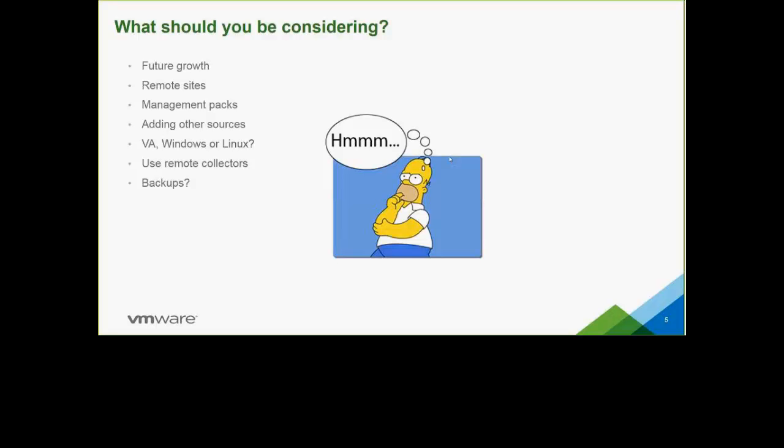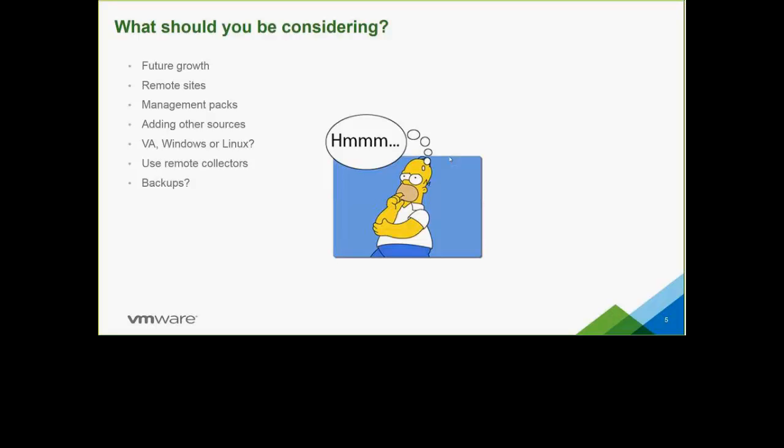So if you have equipment on site or in various sites that you want to monitor, have a check of the management packs, have a read through the documentation, and be aware of the constraints of those. So if you're planning on monitoring a product and there isn't a management pack for it, or perhaps there isn't an up-to-date management pack, that's something you need to take into consideration.